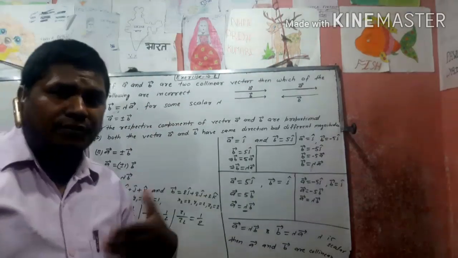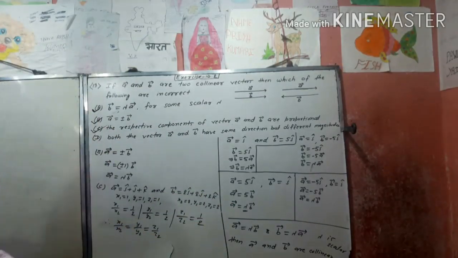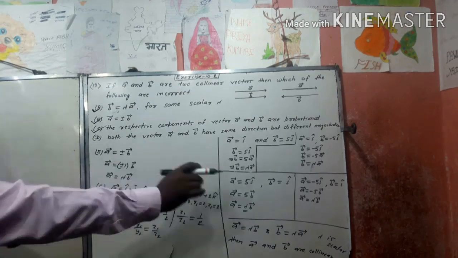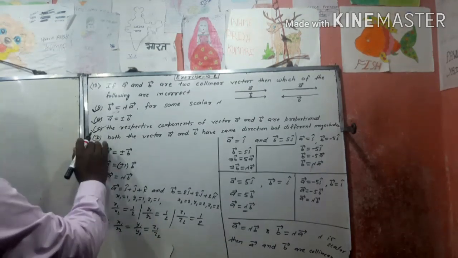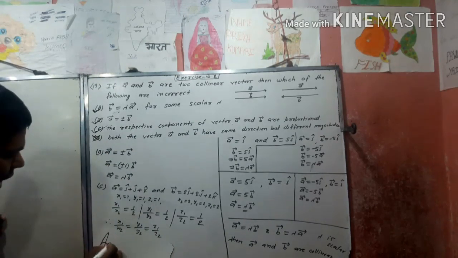Both vectors A and B having the same direction is not required, so we can say option D is incorrect. It means our answer is option D.